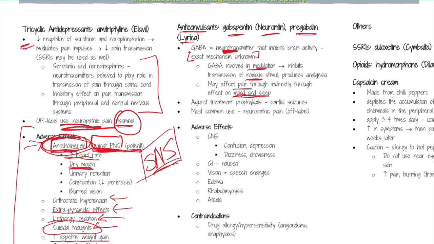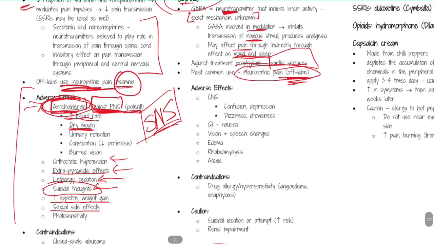Adjunct treatment is prophylaxis of partial seizures. It's an anticonvulsant, that's its purpose, so a lot of people are given it for seizure prophylaxis. Again, neuropathic pain is off-label. Adverse effects, your main ones, there aren't a lot, to be honest. Maybe confusion, depression, short-term nausea.